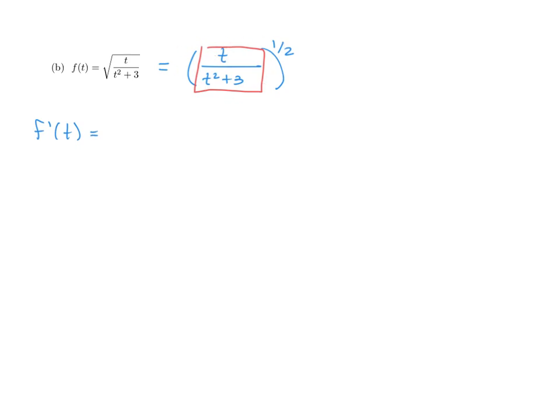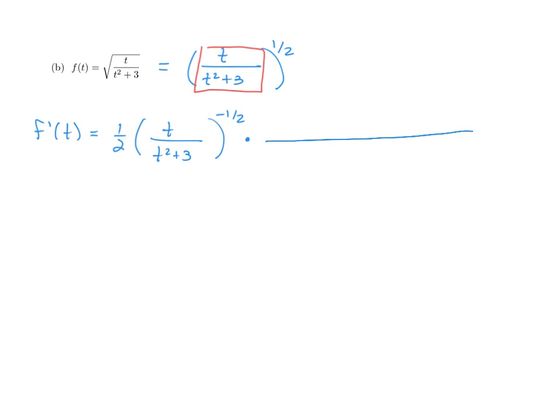I bring down the 1/2, I copy this down, and I subtract 1 from the exponent. But now, by the chain rule, I have to multiply by the derivative of just the inside part, which is this thing. Now, that's a fraction, so here again, I would use the quotient rule.